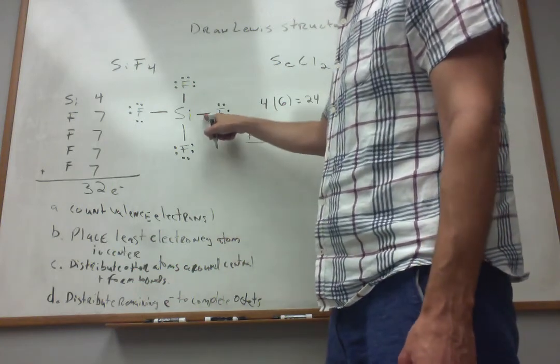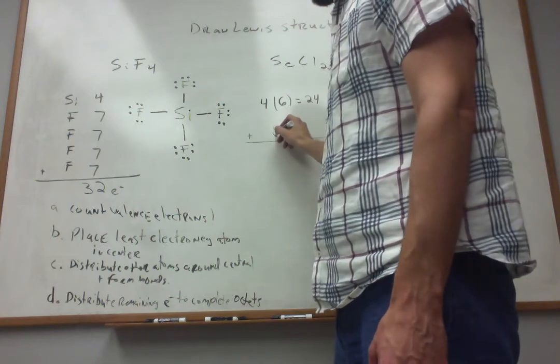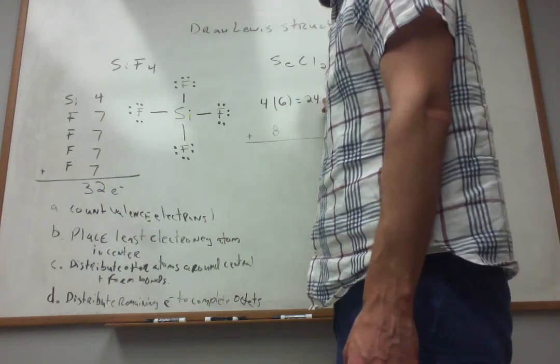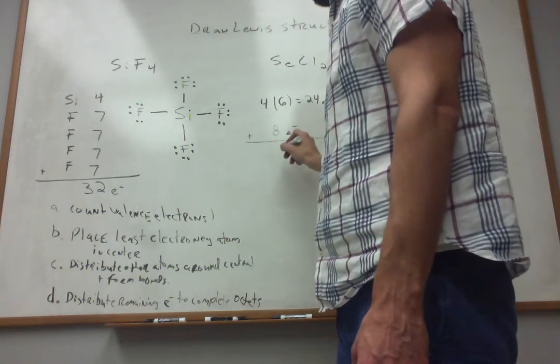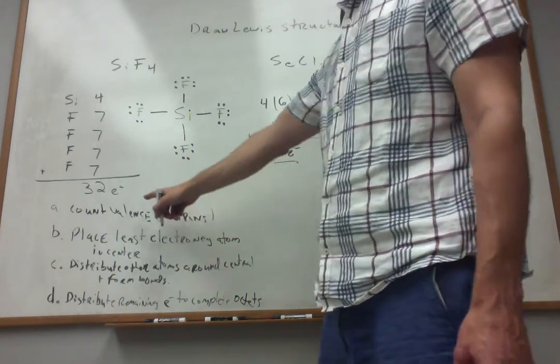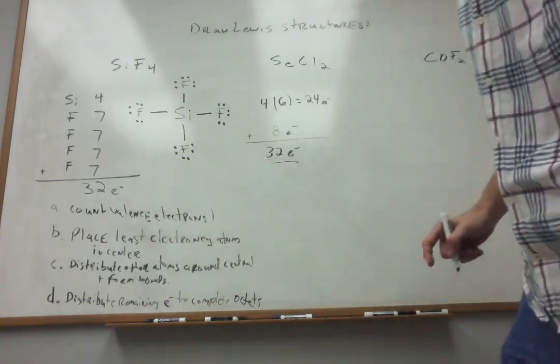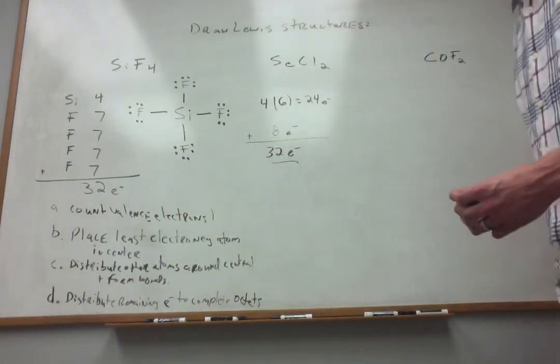So there's 2 here, 4, 6, 8. So if I add back in the electrons that are involved in bonding, there's 8 more, and that makes 32 electrons. Now fortunately, that matches. I've used what I had, right, which is a very good thing because that's a requirement for my Lewis dot structure.